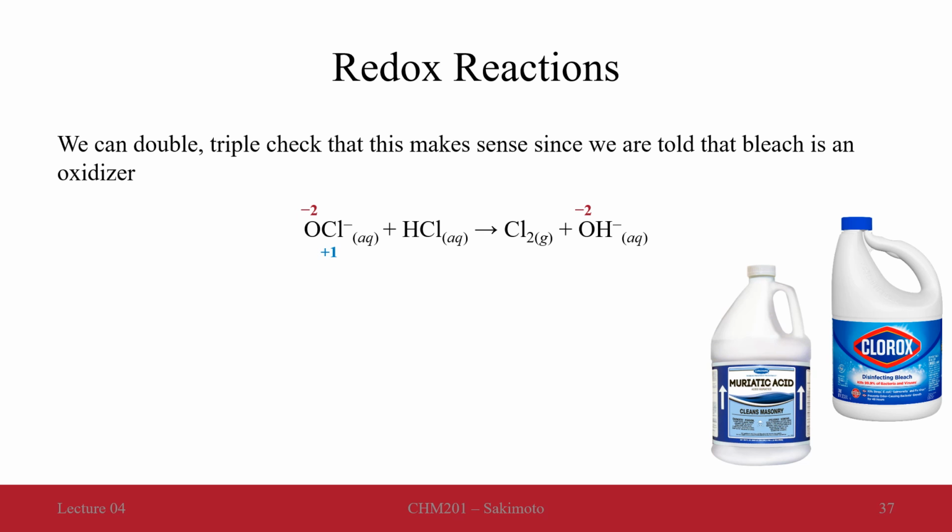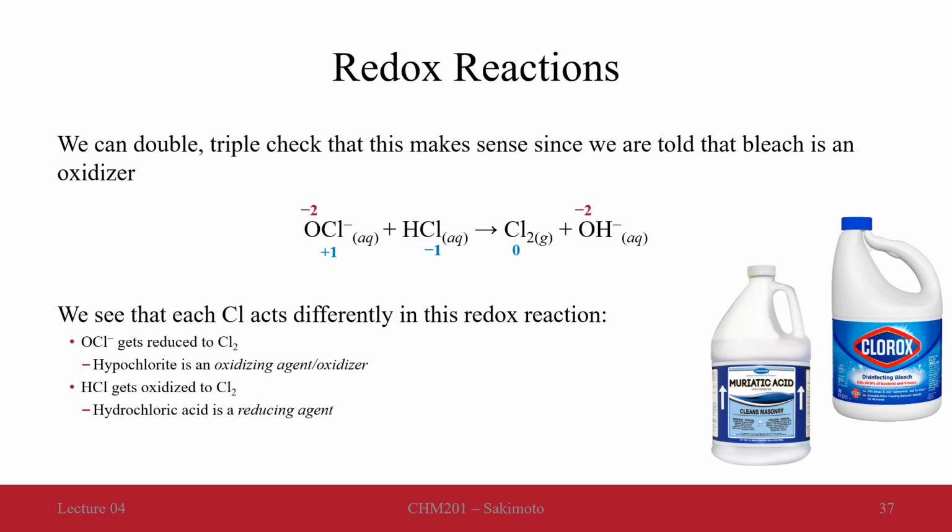H plus, of course, is always plus 1, meaning that the Cl minus, this chlorine now attached to hydrogen, is going to be minus 1. And when they combine together, they turn into this chlorine gas, which, of course, as a pure element, has an oxidation number of 0, equally shared between those two chlorine atoms.